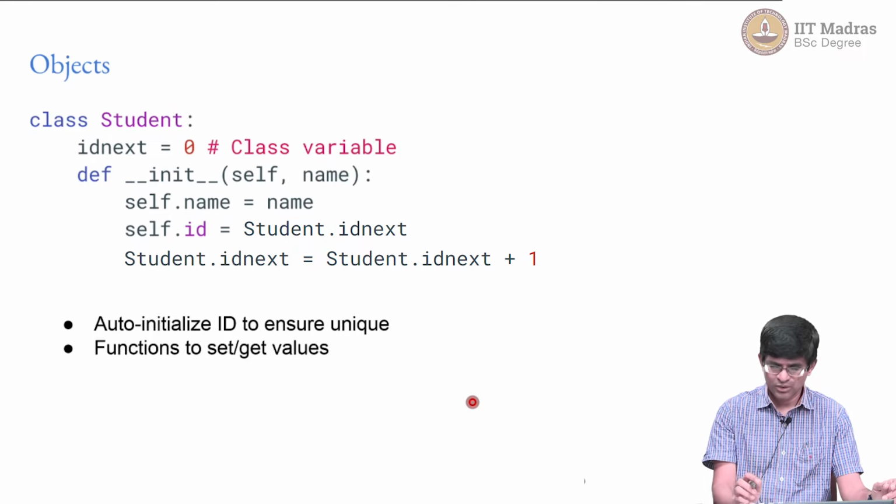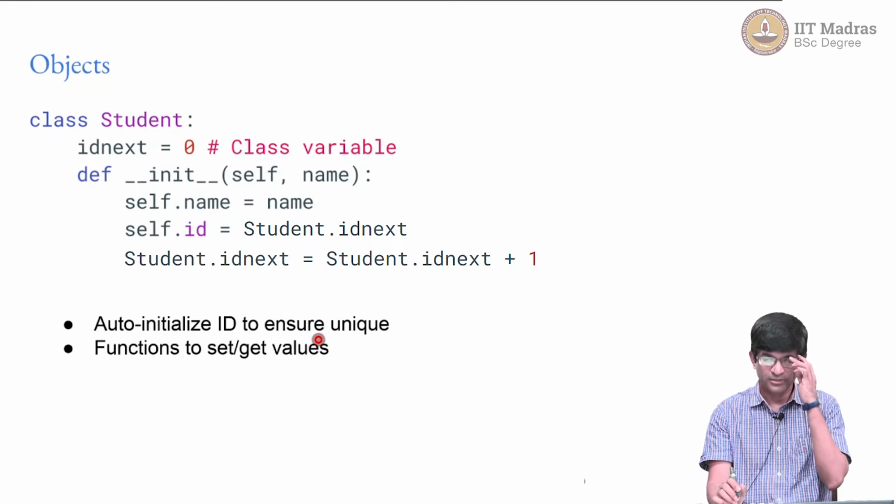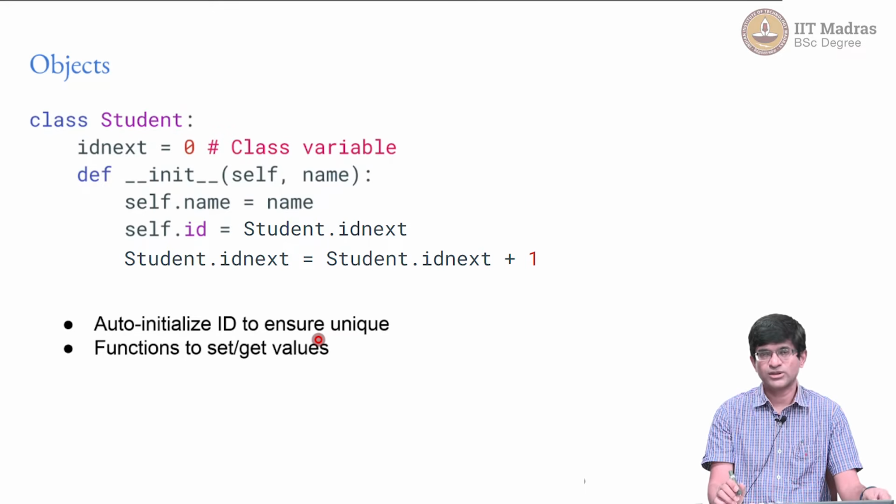So this auto initialization of the ID is one possibility. What I have indicated over here is one trick, not necessarily the best or even the preferred way to do it.